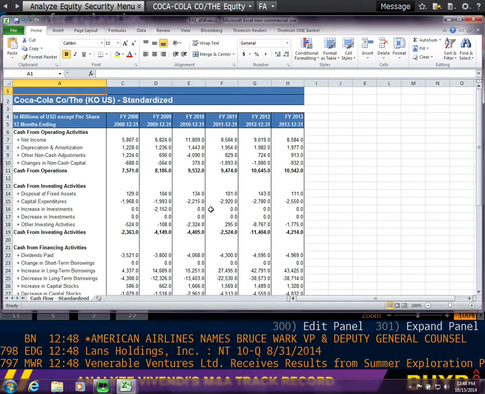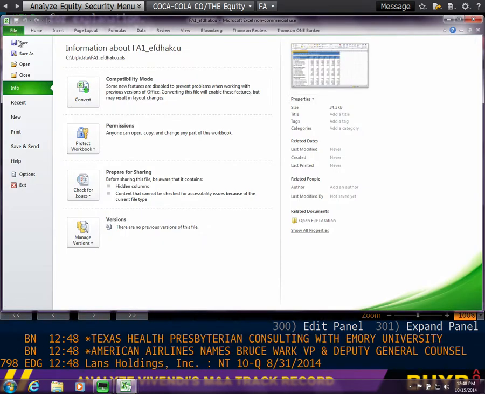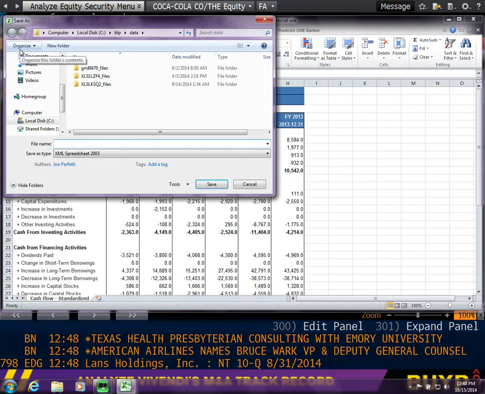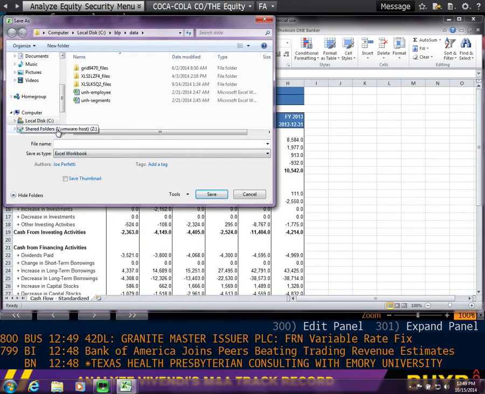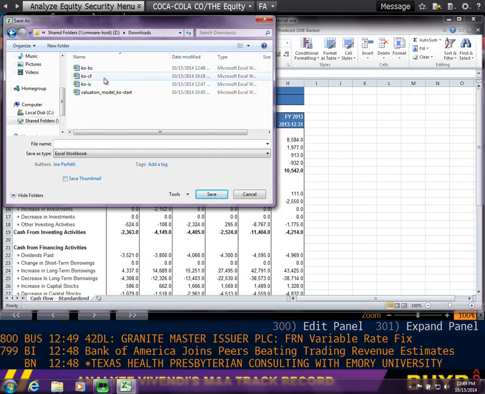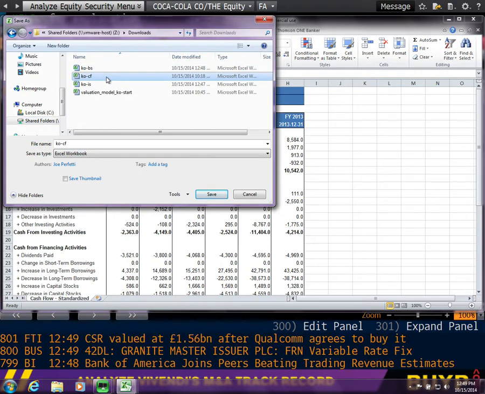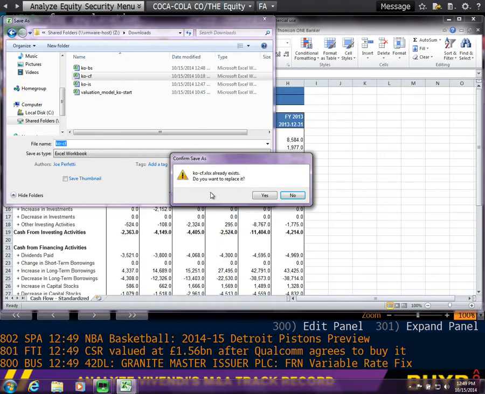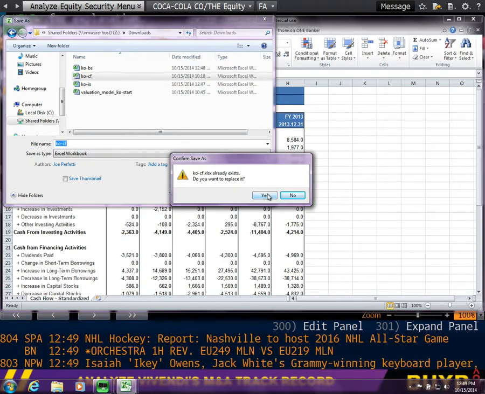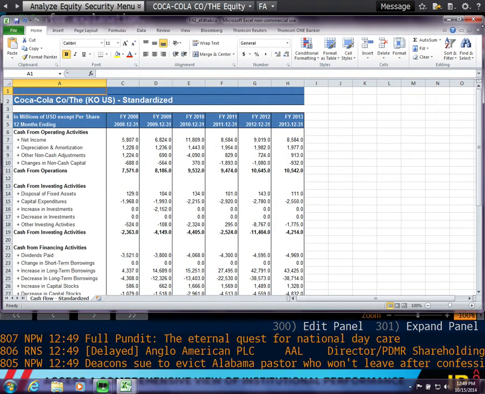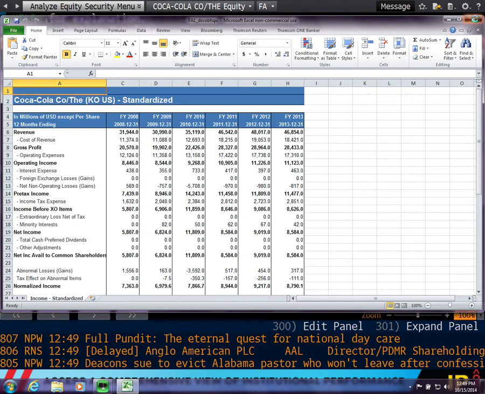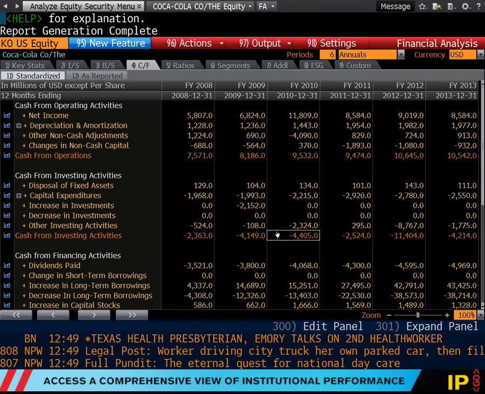Yes to the security warning. KOCF. Okay, I already got it down there, so I'm not going to worry about it. All right, so long story short, I've just exported those 3 statements.